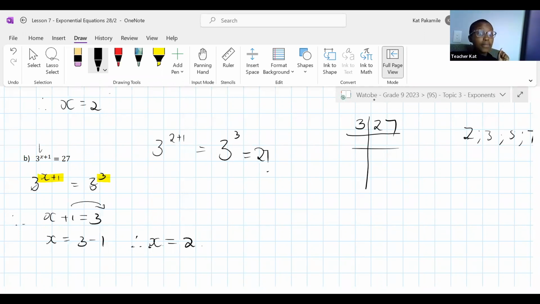It's 9. Then we can use 3 again. And 9 divided by 3 is how much? It's 3. And then we can use 3 again. And it will give you 1. Therefore, 27 is the same as 3 times 3 times 3. But we just rewrote that as 3 cubed. Do you see that?